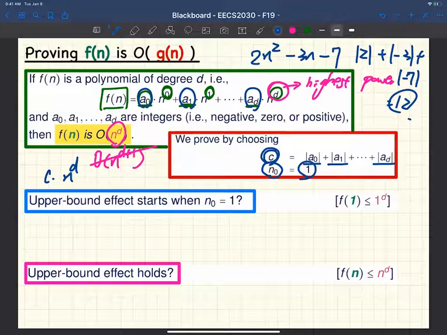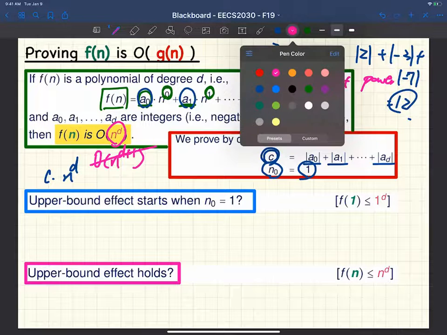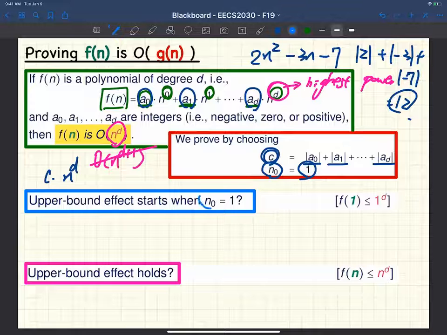Why would this work? This will work if the following actually holds. Okay. Basically, we want to figure out if the upper bound effects is going to start when N0 is equal to 1. Okay? So now think about it this way. So now over here, basically f of 1, right? When N0 is equal to 1, we'll simply substitute n over here just by 1.